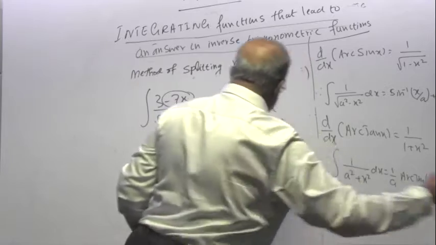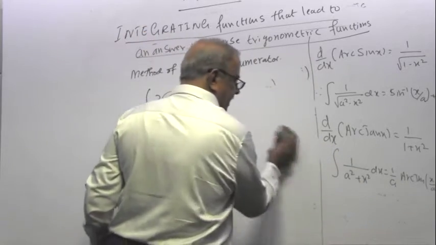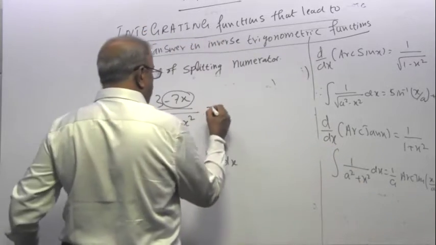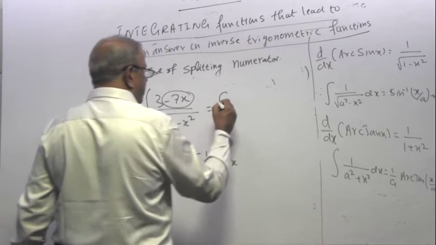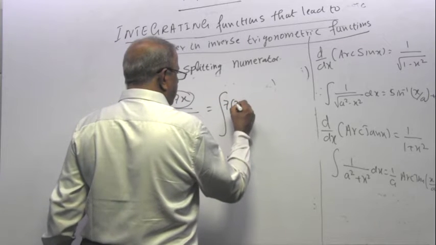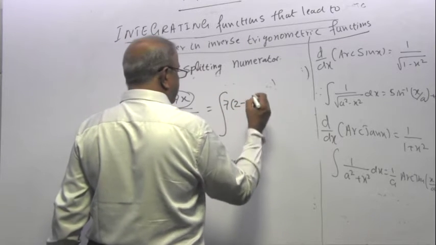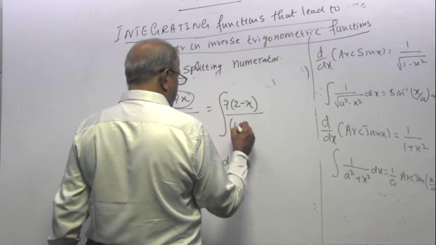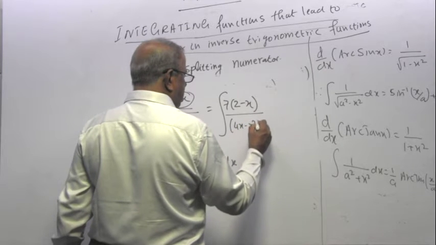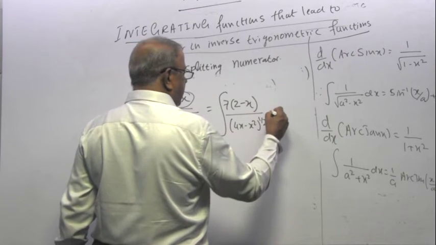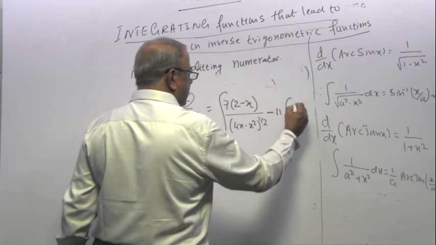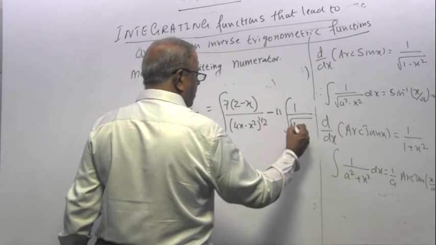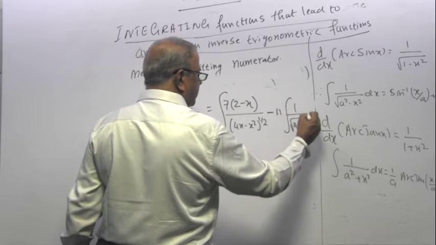So let me rub all this. So I can rewrite the question as integral 7 times 2 minus x over 4x minus x squared power half minus 11 integral 1 over square root 4x minus x squared dx.